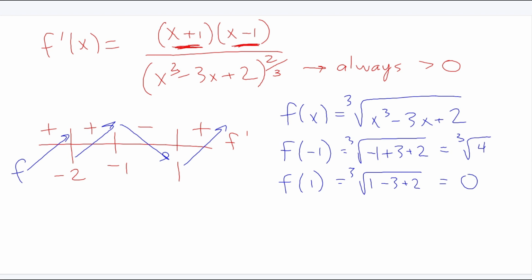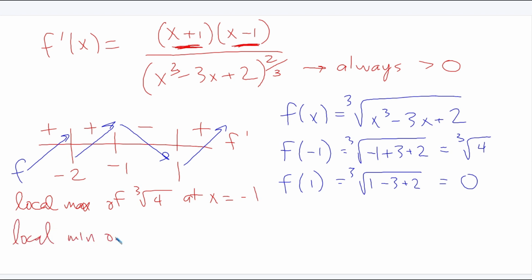It looks like we've got a local max of the cube root of 4 at x equals -1. We've got a local min of 0 at x equals 1.